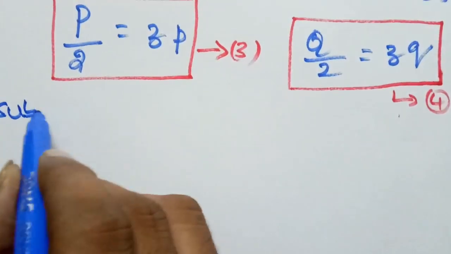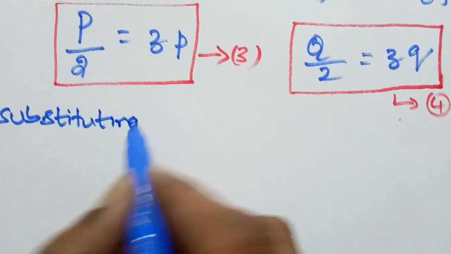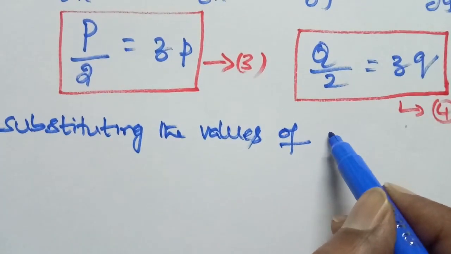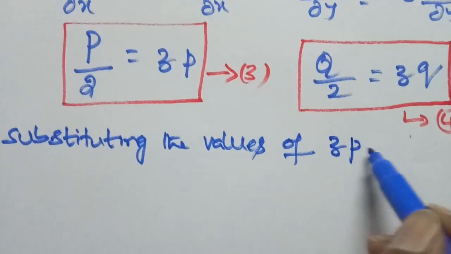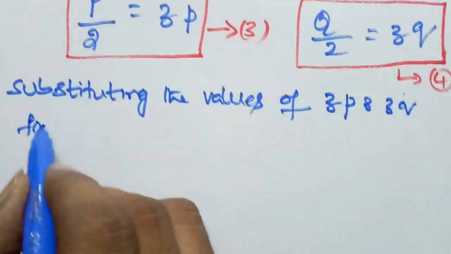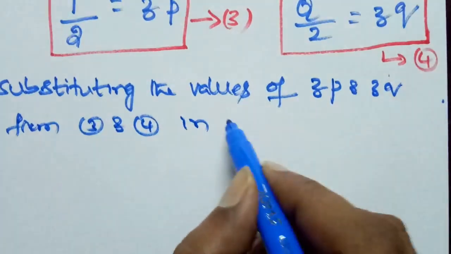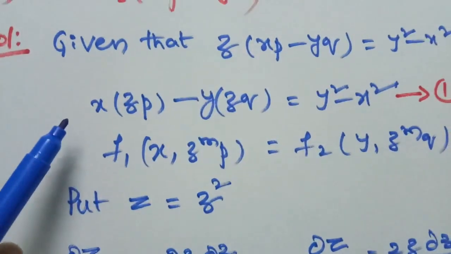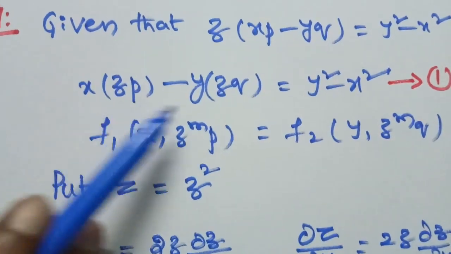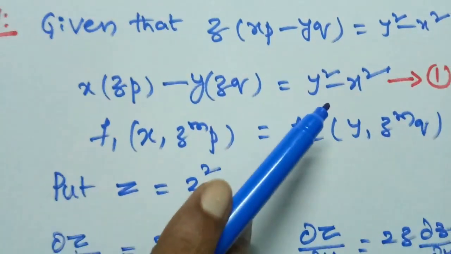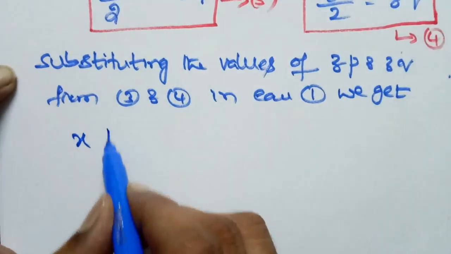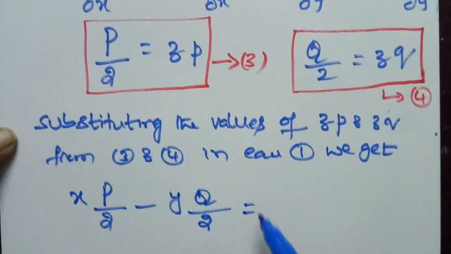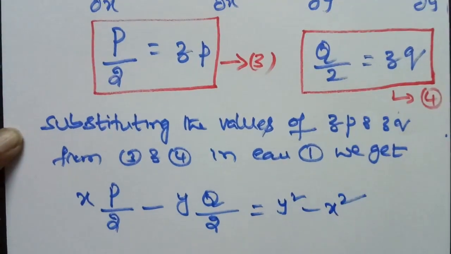Now, substituting the values of z into p and z into q from 3 and 4 in equation 1, we get x into capital P by 2 minus y into capital Q by 2 is equal to y square minus x square.